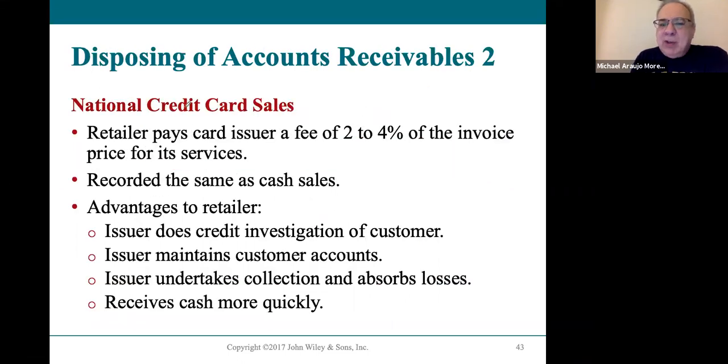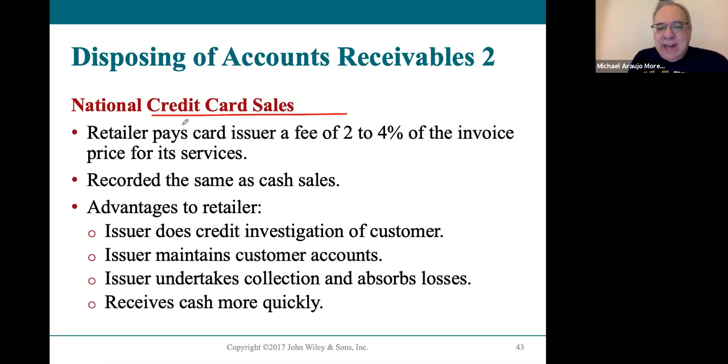The second thing is this confusion about credit cards. Now, most retailers are members of the networks, such as MasterCard or Visa or Discover or American Express, and there's a bunch of them out there. They're part of a network.